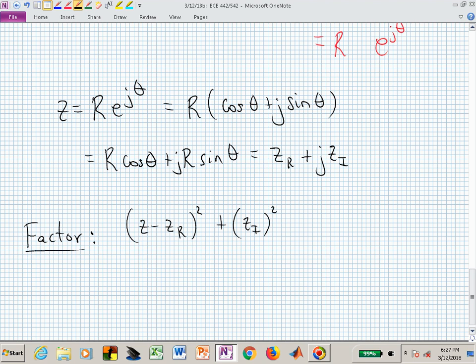The real part's z sub r and the imaginary part is z sub I. So I would say go home tonight and convince yourself that when you solve it, or you can plug in z sub r plus j z sub I and z sub r minus j z sub I, and it will make that go to 0, both cases.